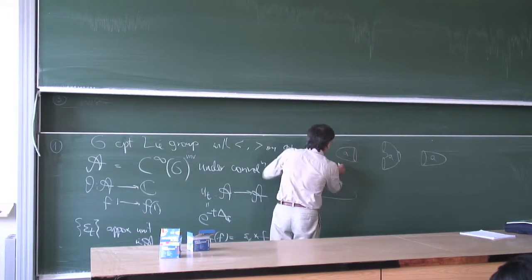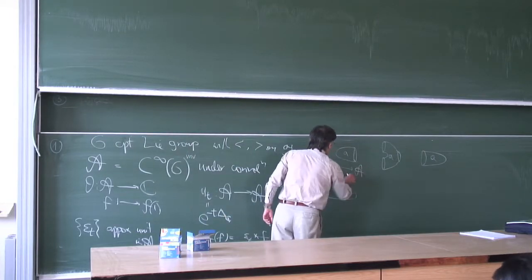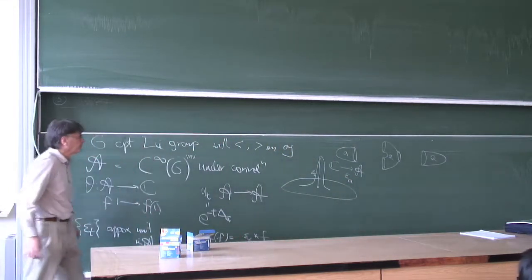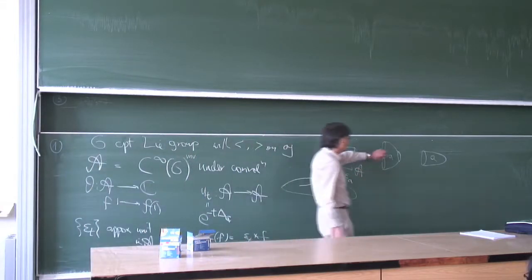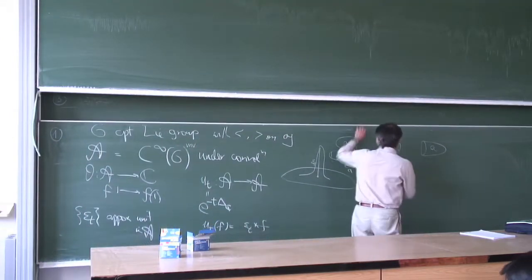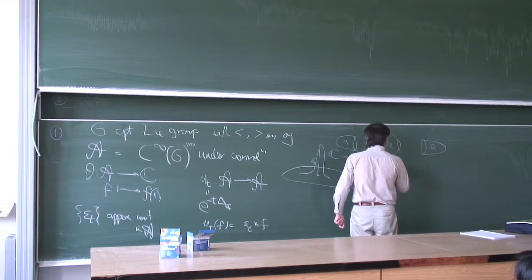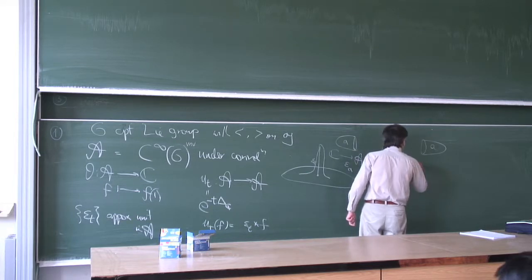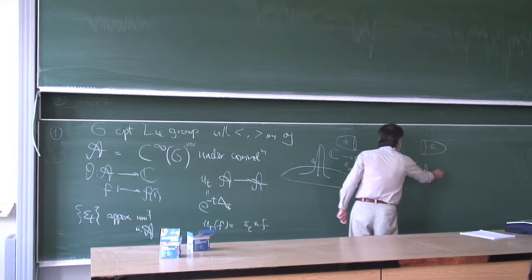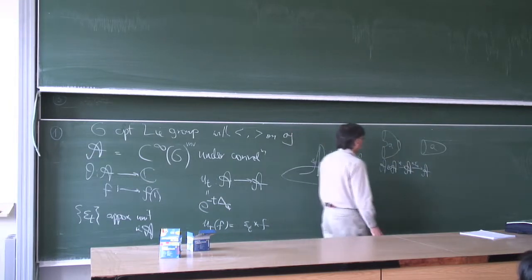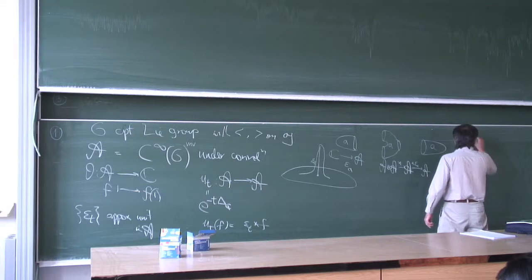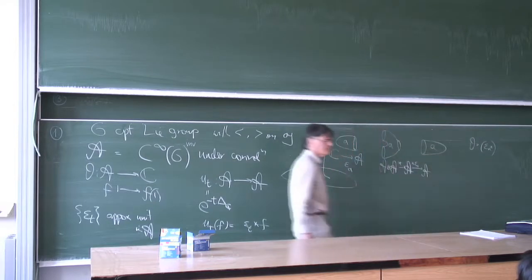Well, you see, this has to be an element of the algebra, and it will be precisely the thing epsilon_A. This is multiplication, meaning multiplication in the algebra followed by convolution with epsilon_A. So those are the 3 things.